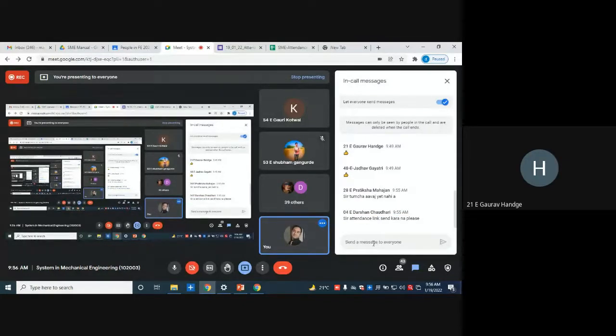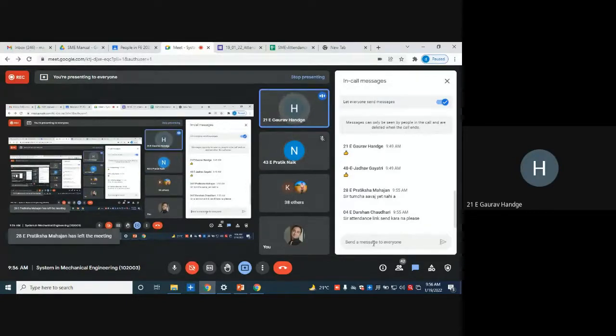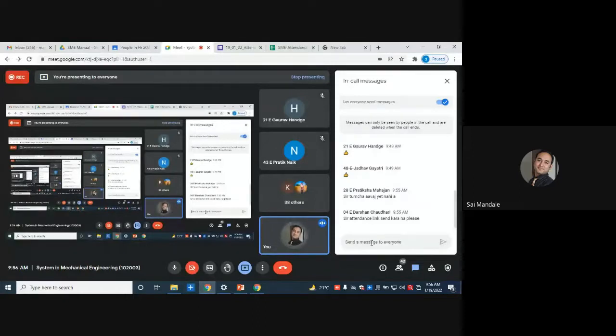Lift water from lower level. Transfer the water. Okay, good. All the functions are right. One is to transfer the water, to lift the water from low level to high level. And to lift the water from low head to high head is another application. Okay, good.